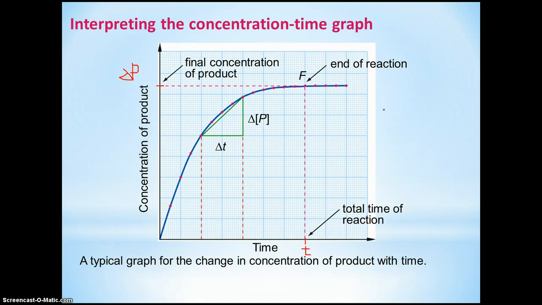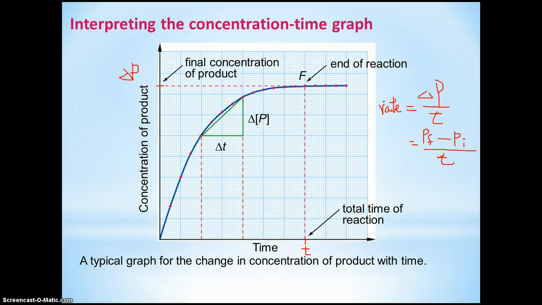So the average rate is simply equal to delta P over T. In this case, P, as we have mentioned before, is the product's concentration at the final state minus the product's concentration at the initial state, over time.